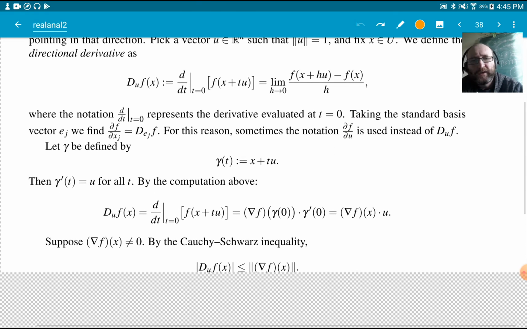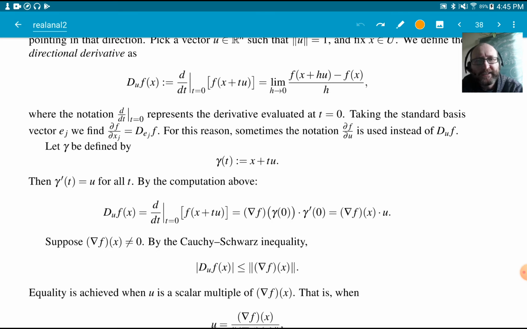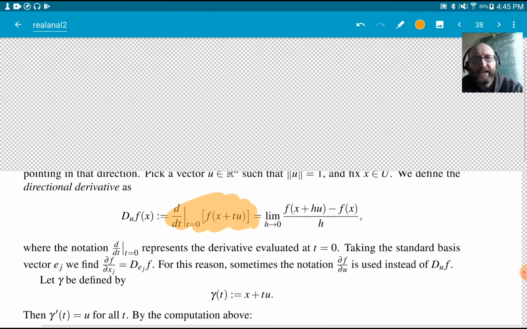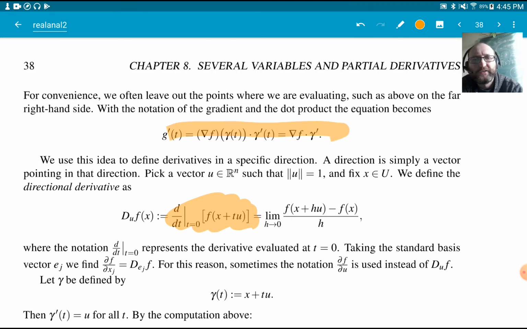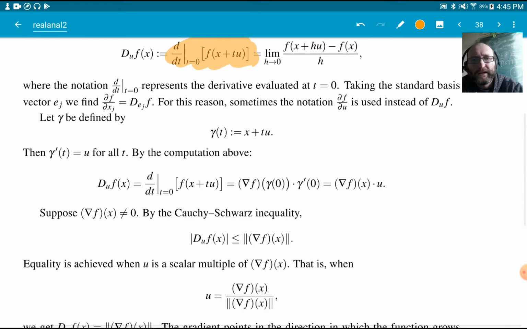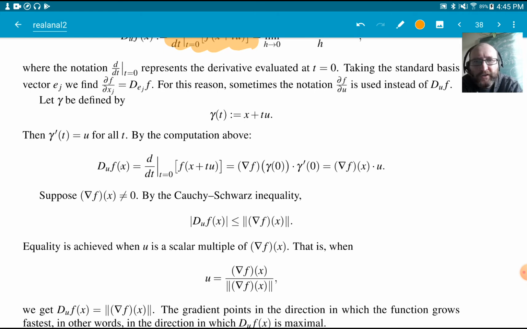If I think of this expression using this formula over here, you notice that the directional derivative in the u direction of f is the same thing as taking the following.